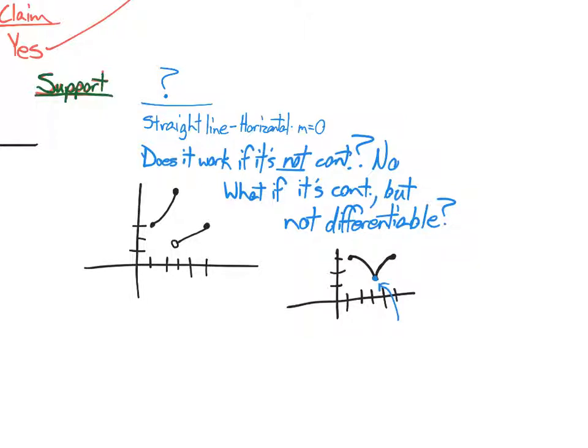So we're able to change direction from increasing to decreasing, but it's not at a point where the derivative equals 0, it's at a point where the derivative is undefined. Okay? So, this is why we had that requirement that it had to be a differentiable function. Okay? Because no to both of these questions.